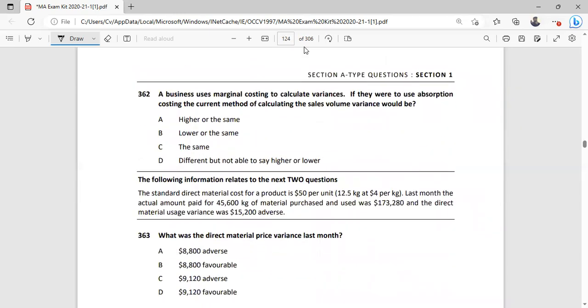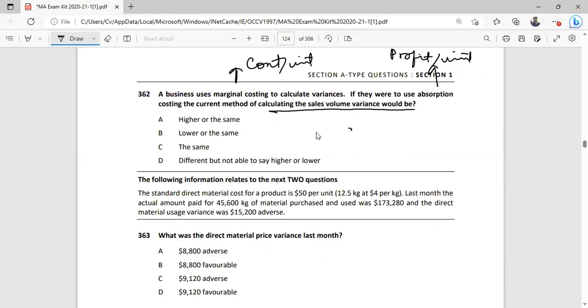Then in the next question, a business uses marginal costing to calculate variances. If they were to use absorption costing, the current method of calculating the sales volume variance would be what? Marginal costing uses contribution per unit, and absorption costing always uses profit per unit.